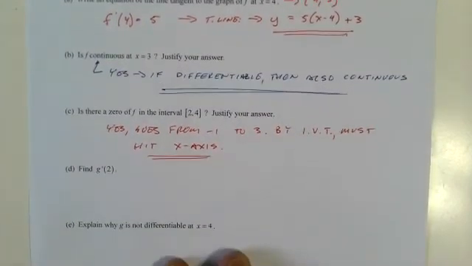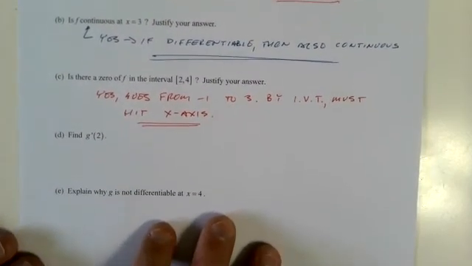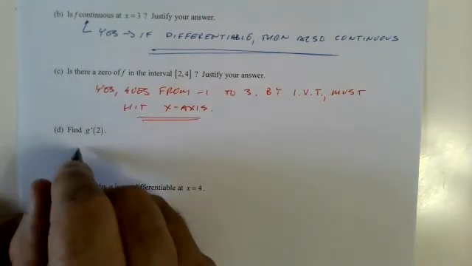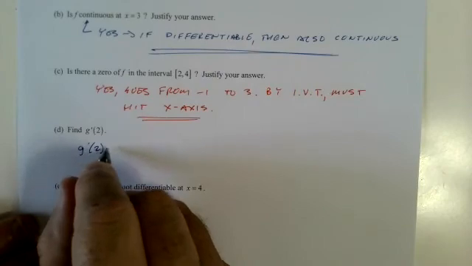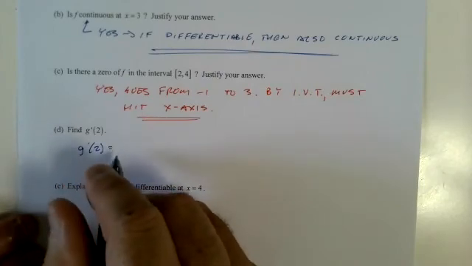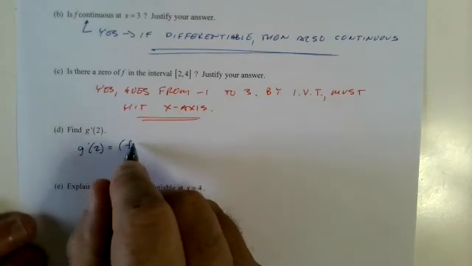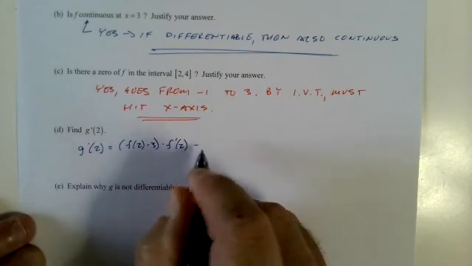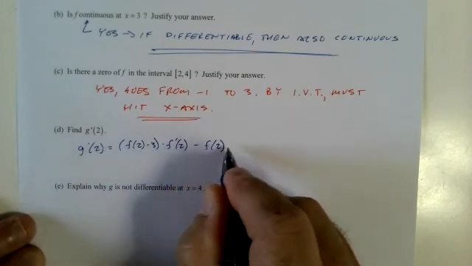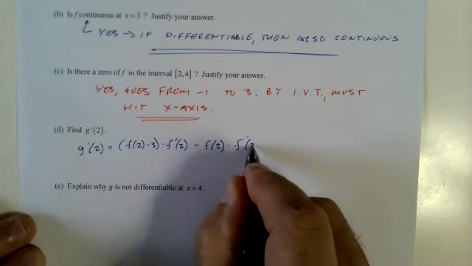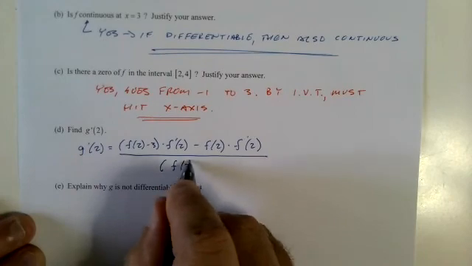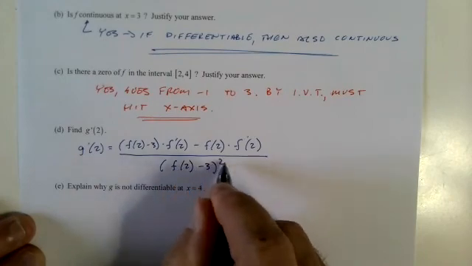So let's find g prime of 2. If you recall, g prime is f of x over f of x minus 3. G prime of 2 equals low f of 2 minus 3, d high f prime of 2, minus high f of 2, d low f prime of 2, over f of 2 minus 3 squared.